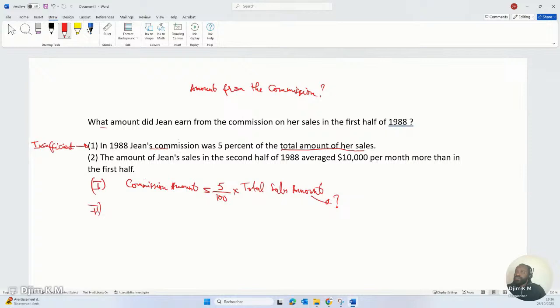The second condition: the amount of Jean's sales in the second half of 1988 averaged $10,000 per month more than in the first half.